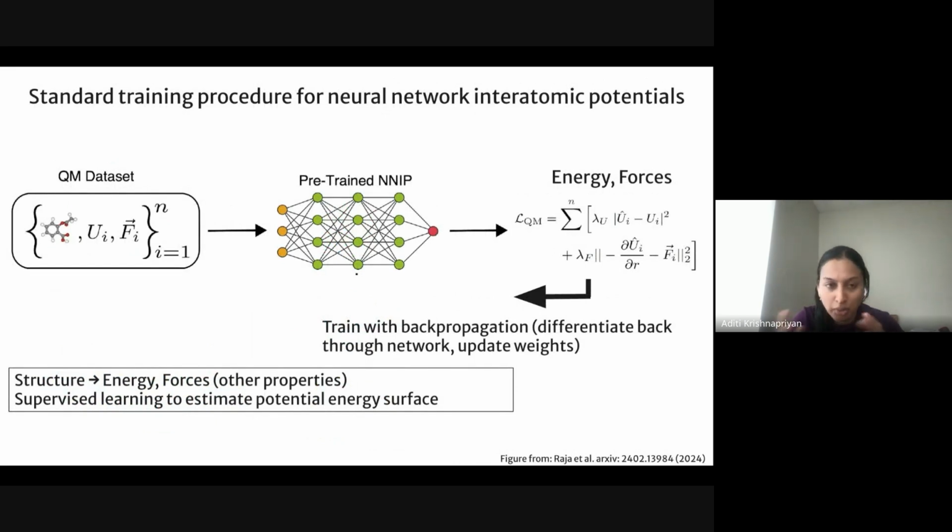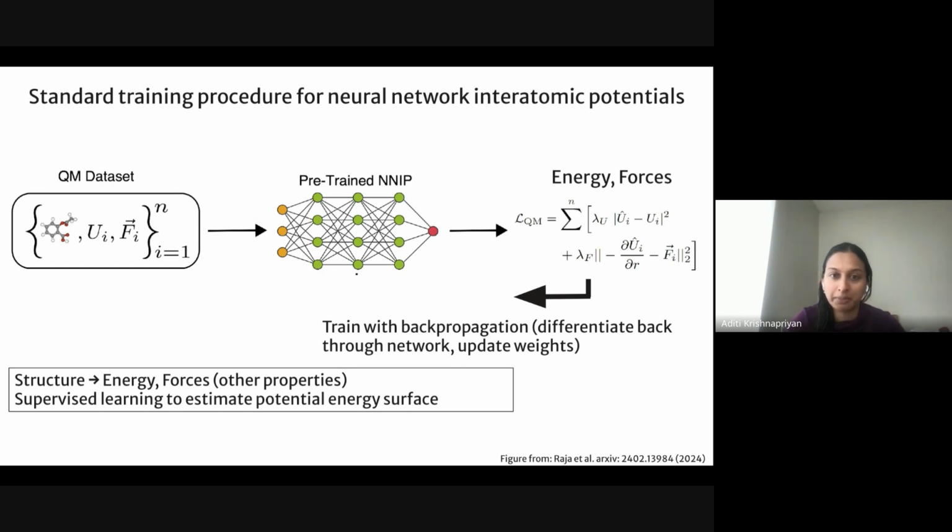So another quick recap here of the standard training procedure for neural network potentials. I think the current meta so far has really been about, you have these atomic structures. They're labeled with energies and forces, typically from some type of quantum mechanical calculation like density functional theory. You amass a large data set of these calculations.